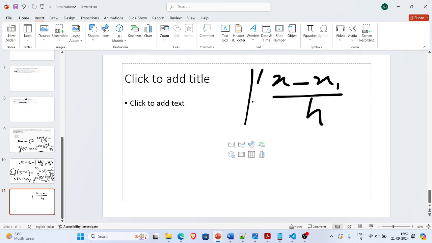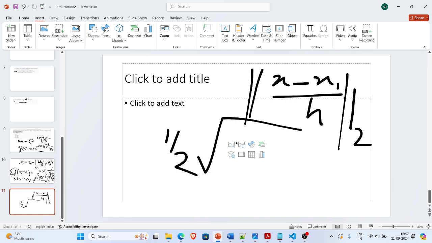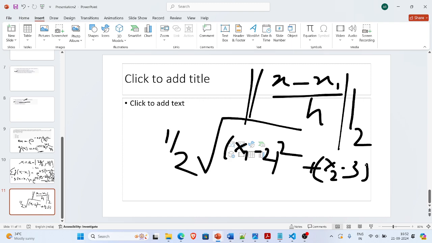This has to be norm 2 without the square. So h will come out as 1 by 2, and this will be under root x1 minus 2 square plus x2 minus 3 square. This has to be calculated for each one of them.